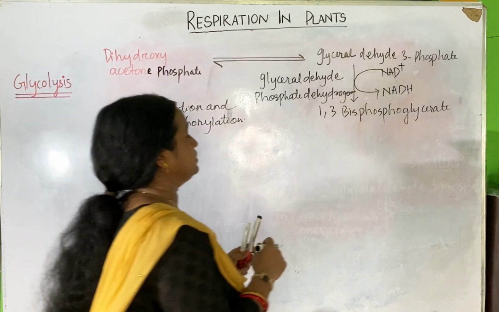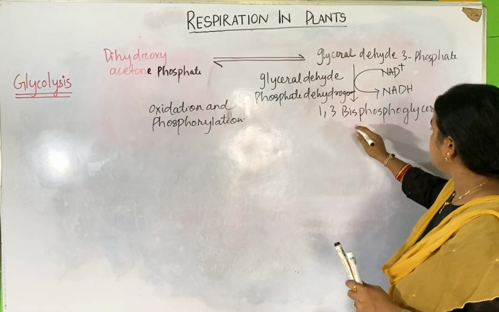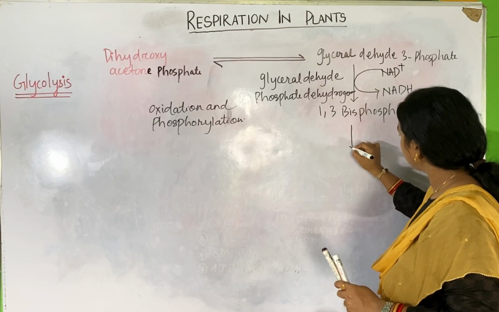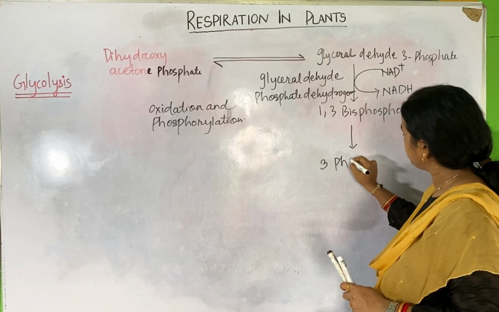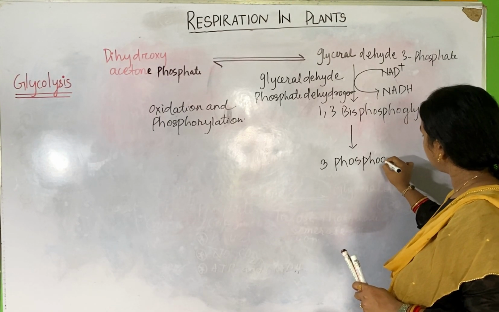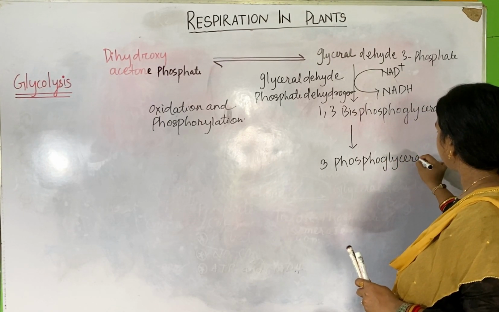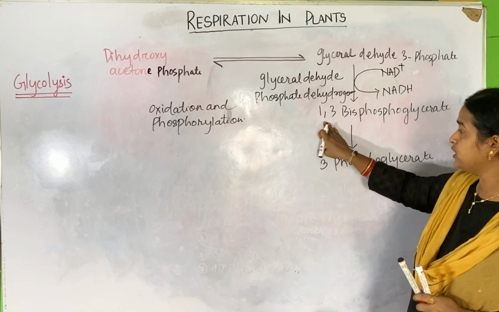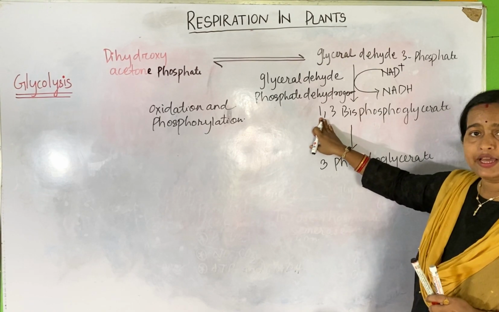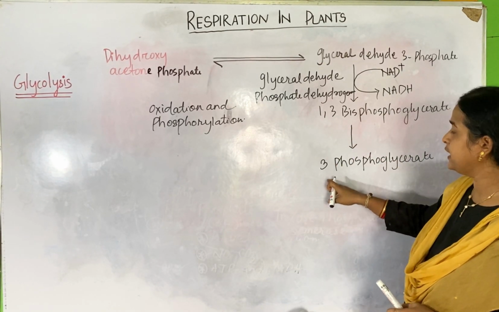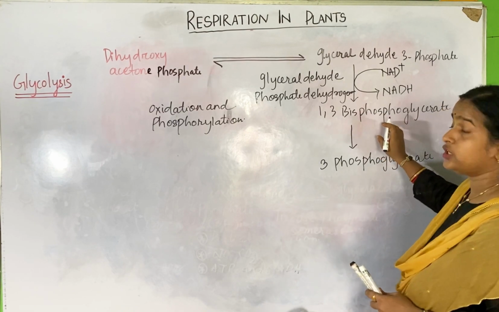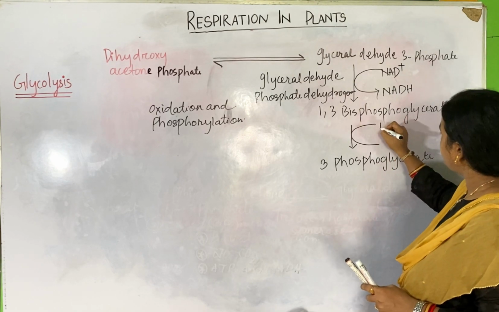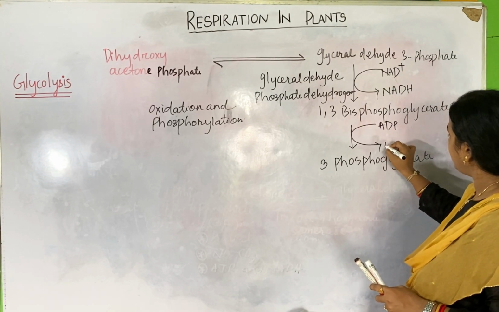Now next step, that is the conversion of 1,3-bisphosphoglycerate into 3-phosphoglycerate. Here the position only changes. That means the phosphate will be there in 1 and 3 position, and here only 3 position. And the phosphate is being added with the ADP, and it will make ATP.